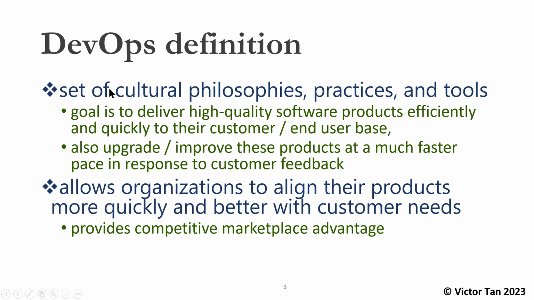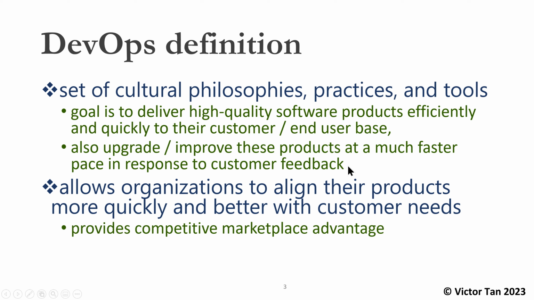So DevOps is a set of cultural philosophies, practices and tools whose goal is to deliver high quality software products efficiently and quickly to their customer or end user base, and also to upgrade and improve these products at a much faster pace in response to customer feedback compared to older approaches like traditional software development life cycles.